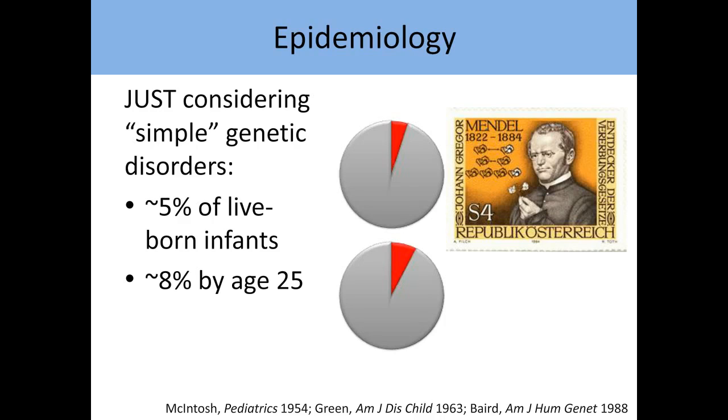About 5% of live-born infants have these types of conditions. A lot of these conditions aren't obvious right at birth and might not show up until early adulthood. It's estimated that 8%, or perhaps even higher, have these types of conditions by age 25. So again, while these are individually rare, in aggregate they're very common, and so it's important to be able to recognize and diagnose them, and therefore to better treat patients with these conditions.